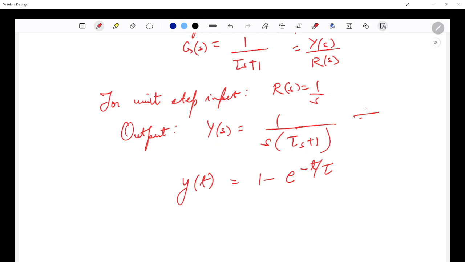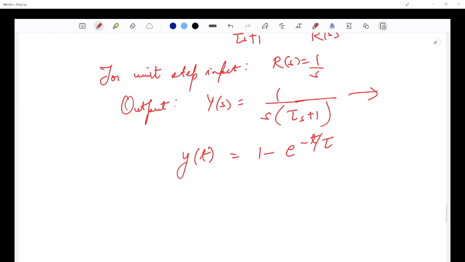You just have to take this to partial fractions and simplify it in such a way that you can take the Laplace inverse easily. It would be A upon s plus B upon (tau s plus 1), and you get the inverse Laplace directly. There are some key properties of this response.